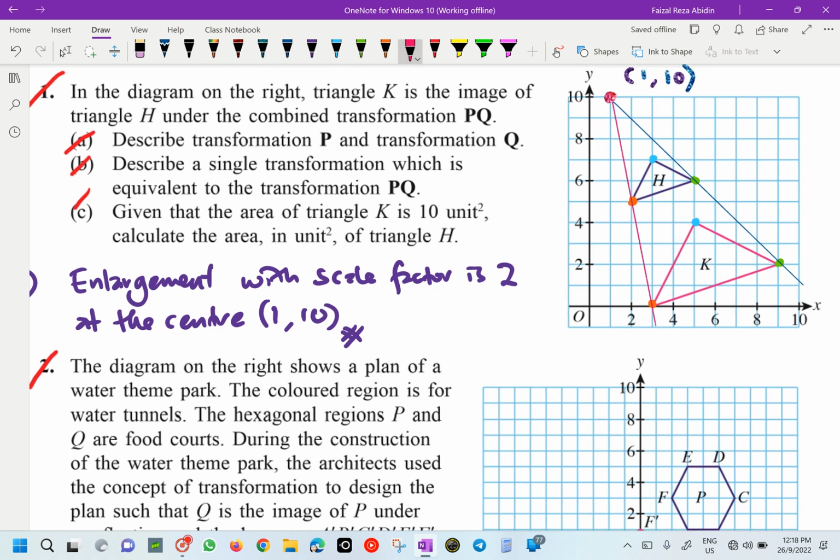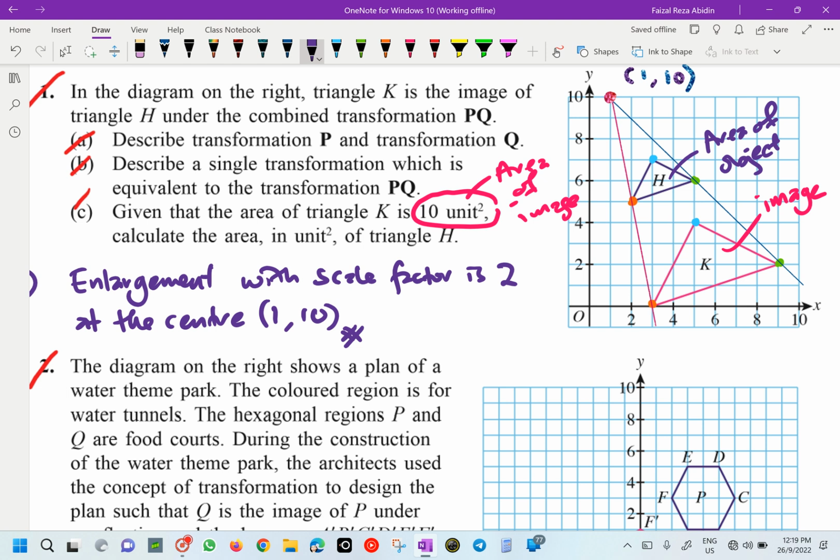This is going to be our image. So this one is area of image given. Calculate the area in unit square of triangle H. So triangle H is what? Our area of object. Remember the formula?